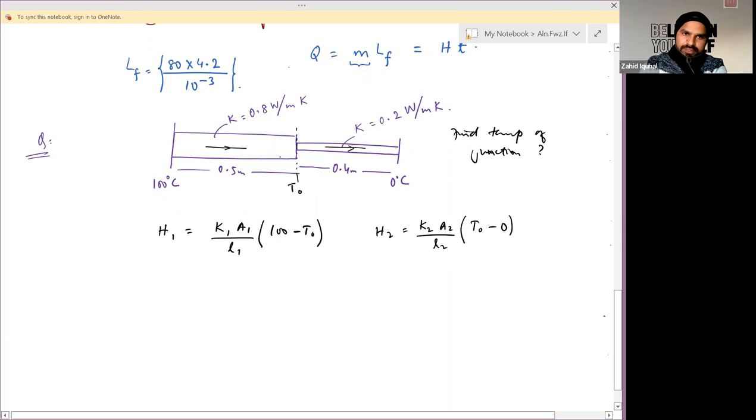Let's say the area of cross section of this rod is twice that of this rod. Just put these two values in. And since this particular combination is in series, H1 and H2 must be equal to each other. Is it clear?